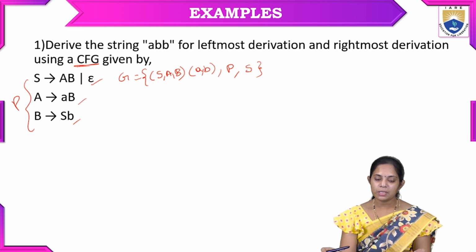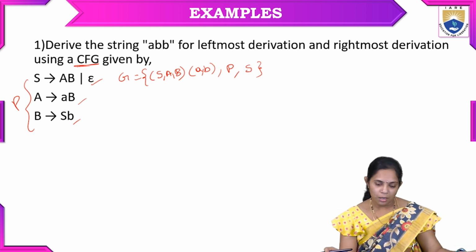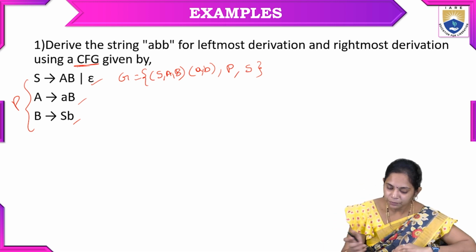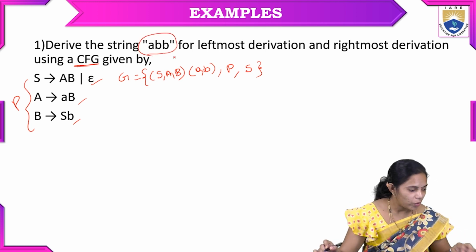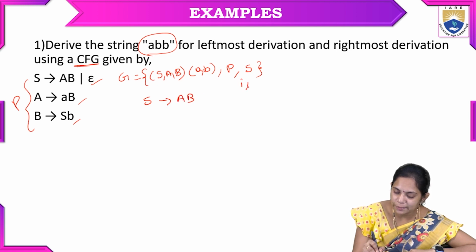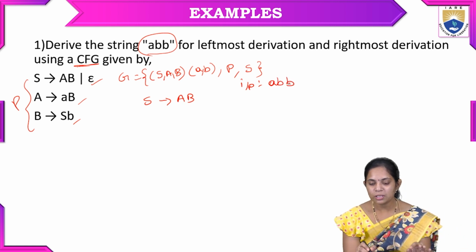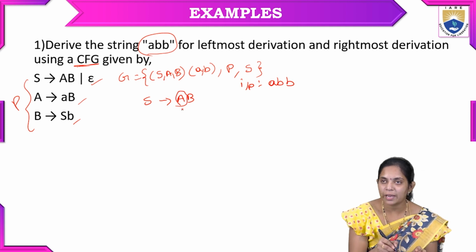So first step is we take the input string. According to the input string, we will form the leftmost derivation and rightmost derivation. So here we will take the production rule S tends to AB. So input string is A, B, B. In the leftmost derivation, what non-terminal do we have to decide, in the sense left hand side.